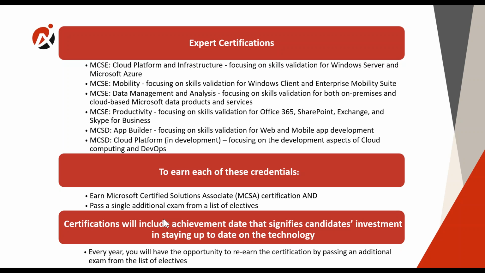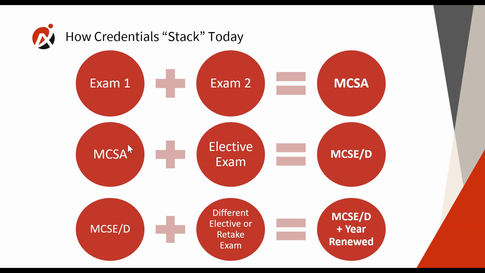So when you're thinking about your recertification model or your maintenance of competency, your stack can come into play as well, because they have to do this every year. They have to get renewed, so they have to do this exam, then take a different one, or have the MCSE and then take a different one to maintain it.